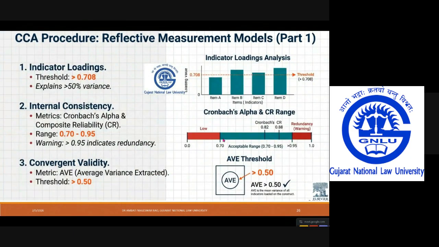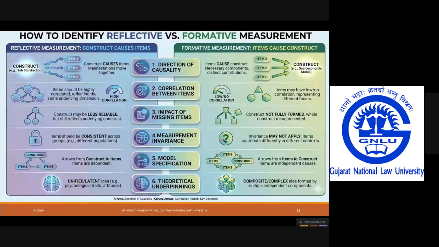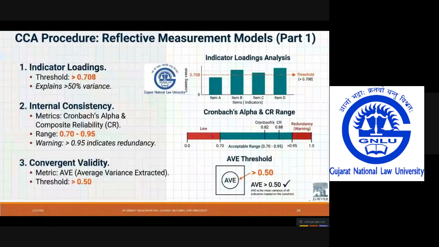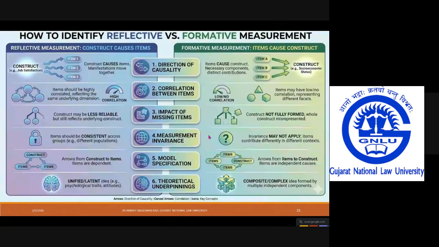Now, after having some existing theory, or after framing the hypothesis, after having clarity on the type of scale that you are going to use, and after having a couple of indicators, the next step I'm going to come up with is the measurement model. So what are the steps that you're going to follow as a part of the measurement model?